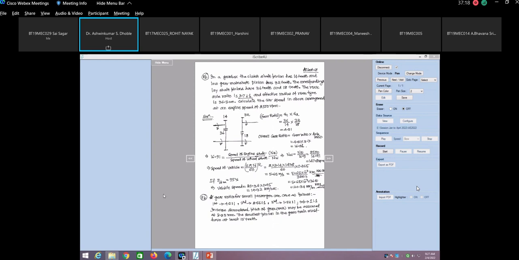ओके. The engine shaft speed is 1.52 times lay shaft speed.